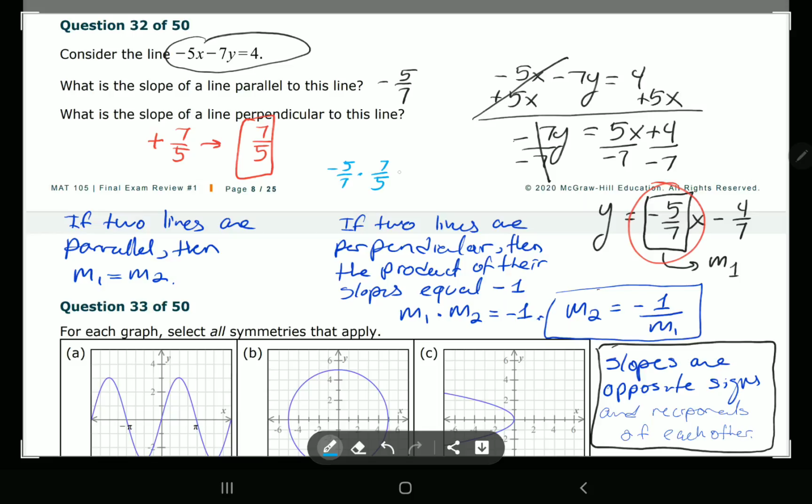If we multiply that, we have -35 on top, 35 on the bottom. -35 divided by 35 is -1. And because the product equals -1, that is proof that the perpendicular slope to the line -5x - 7y = 4 is going to be 7/5.